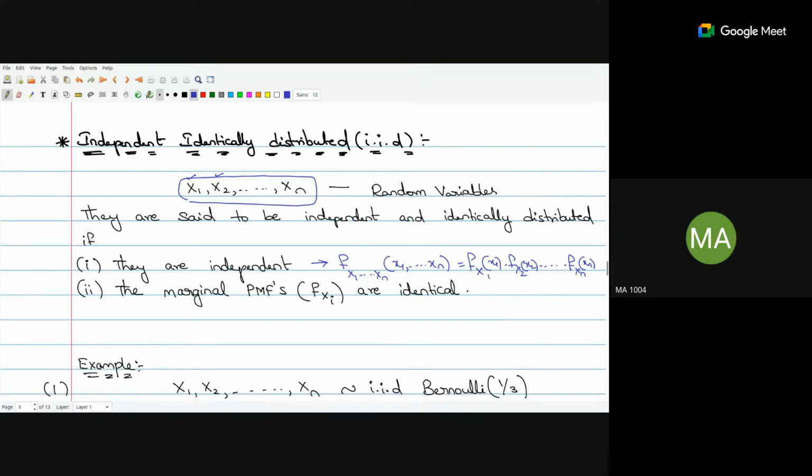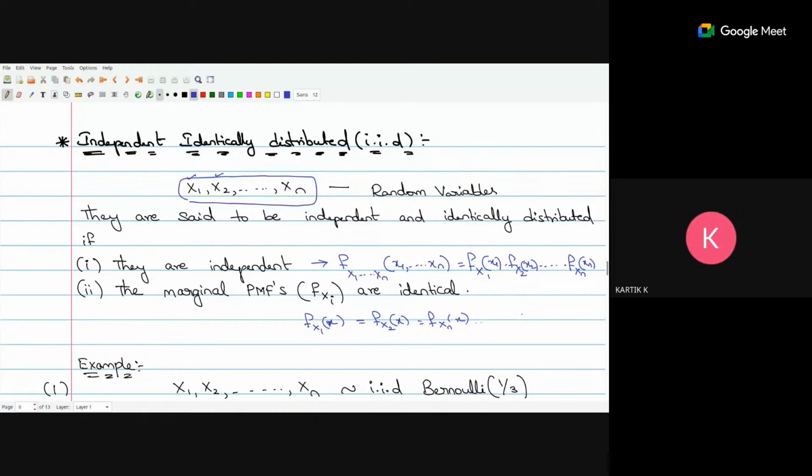Identical, you mean equal distribution. So that means fx1 of x1 is equal to fx2 of x2 is equal to fxn of xn. Instead of all that, you can simply say x. So fx1 of x is equal to fx2 of x is equal to fxn of x.